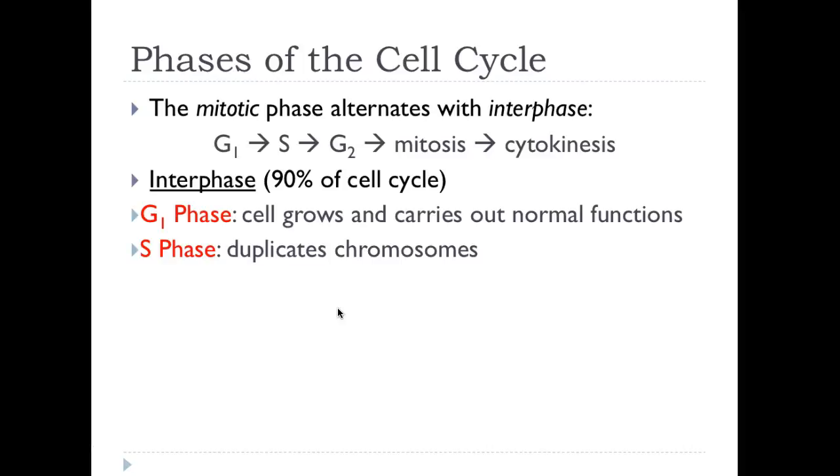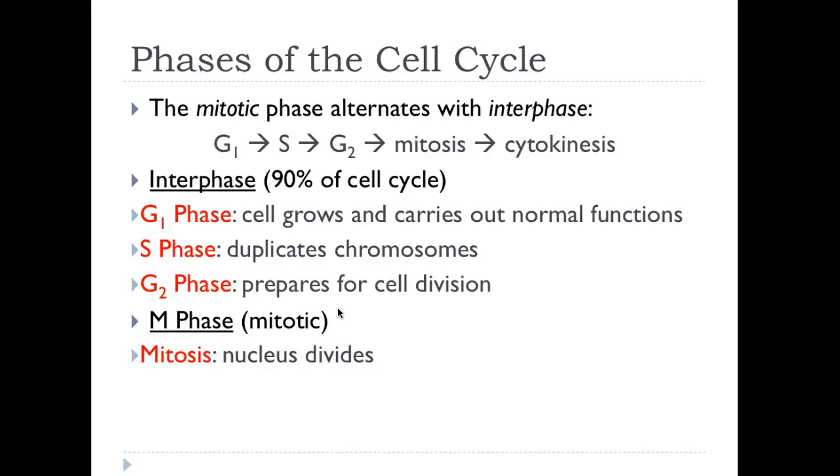In the S phase, DNA replication takes place, so the DNA replicates itself, or the chromosomes get duplicated. And in G2, the cell prepares itself for division. In that phase, you'll also have some other cell structures duplicate themselves, like mitochondria or chloroplasts.